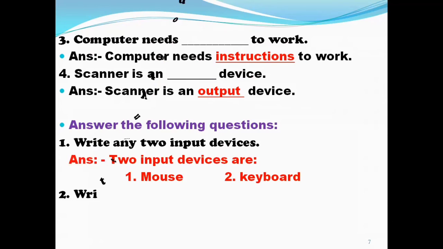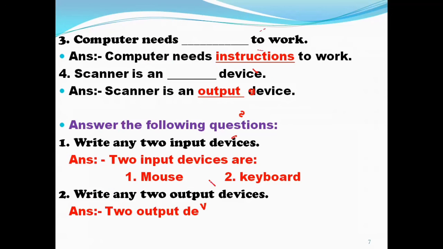Next question. Now the output device. What are the two output devices? There are many others. You write only two. So let us see the answer. Two output devices are, 1, monitor and printer.